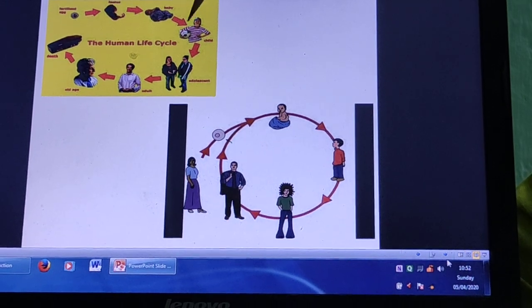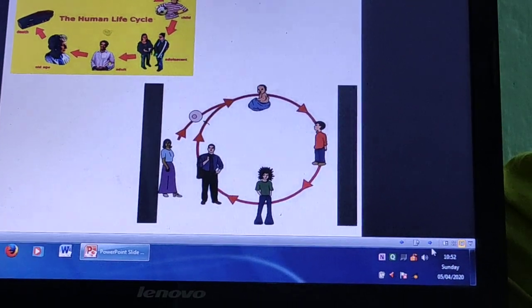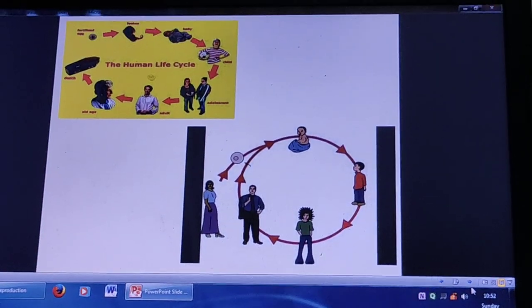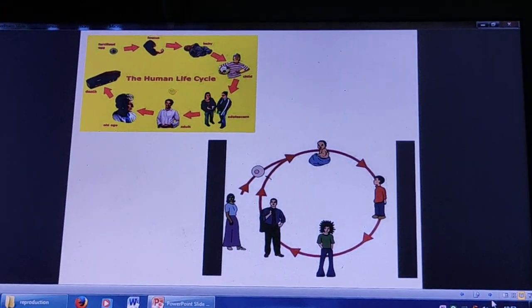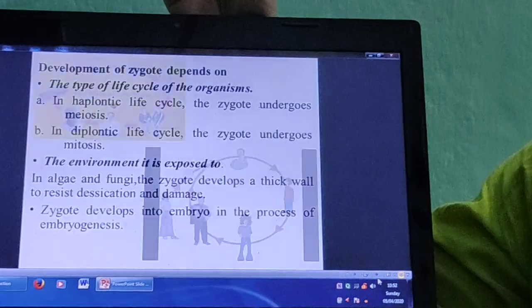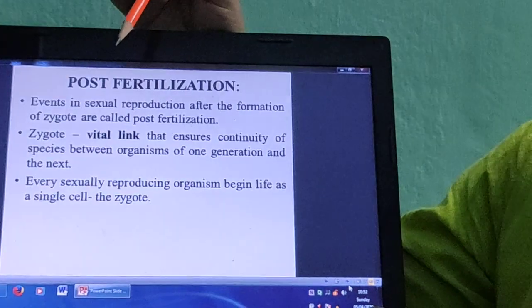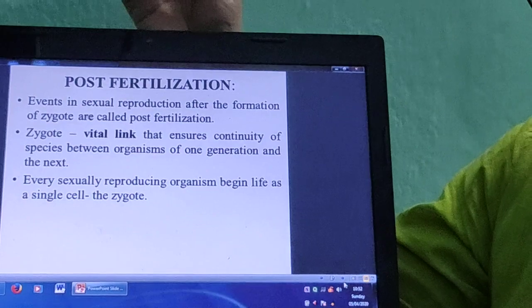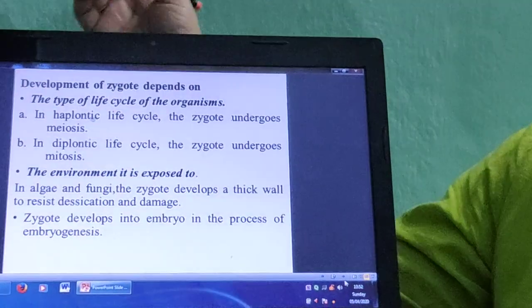So every organism is developed from what? The zygote. So universally, every sexually reproducing organism develops from the zygote. So this point also you underline. Clear? Then move to the next.